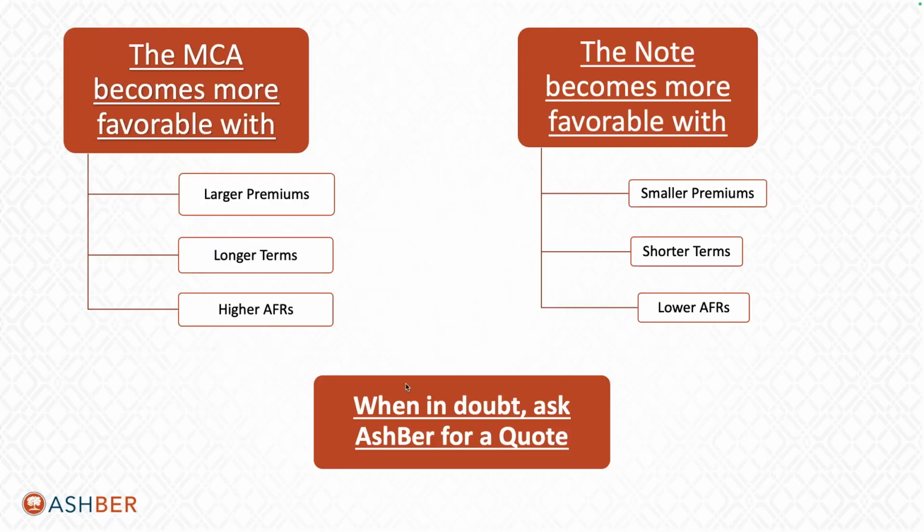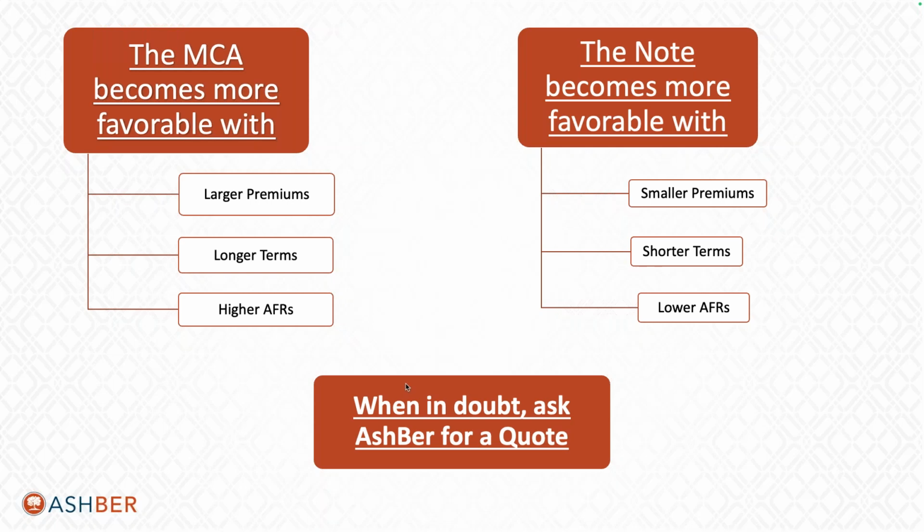And then this is a real basic slide here, but a good one to note, just that annuities are more favorable with larger premiums, longer terms, and higher AFRs, whereas the note is, conversely, better with smaller premiums, shorter terms, and lower AFRs. And always, when you're in doubt, you can ask us for a quote.